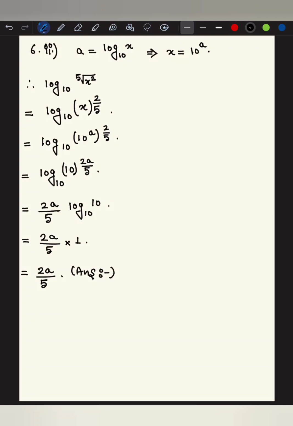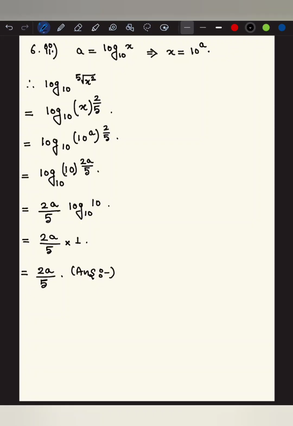So log of x square whole to the power 1 by 5 is equal to, what can be written here is log base 10 x. It was not log 10, it was log base 10. Okay, yeah. So log base 10 x to the power, this fifth root can be written as x to the power 2 by 5. Okay, so log base 10 x means what? 10 to the power a. That is what I have written, 10 to the power a whole to the power 2 by 5.